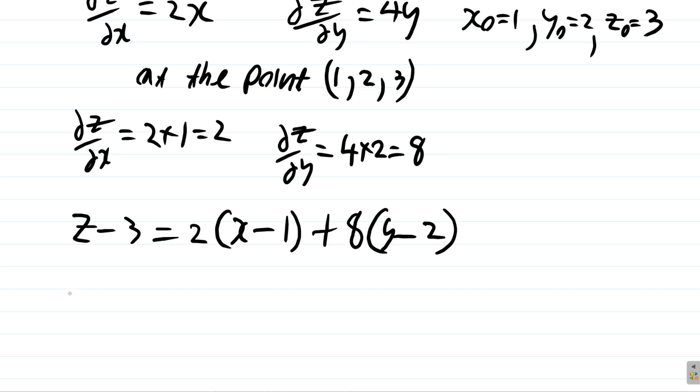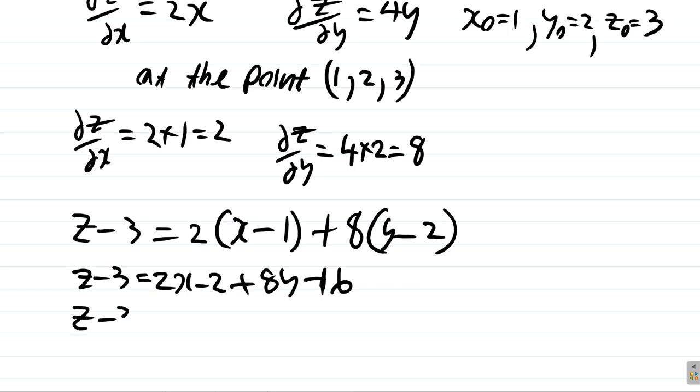You expand the brackets, you have z minus 3 equals 2x minus 2 plus 8y minus 16. You see that? Now z minus 3 equals 2x plus 8y. Negative 2 minus 16 is what? So negative 18. Let's just work it here before we run out of scrolling space.